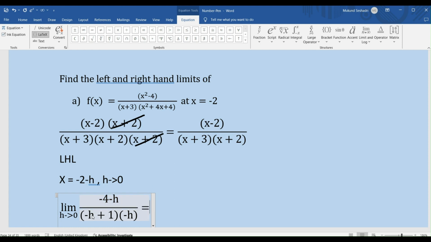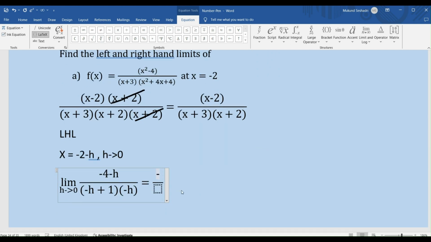And so now when I do a substitution of h equals 0, as h tends to 0, what I get in the numerator is a minus 4, right? And what I get in the denominator, the first part is 1 minus h, so it remains as 1. And the second part, which is a minus h, becomes a minus 0.